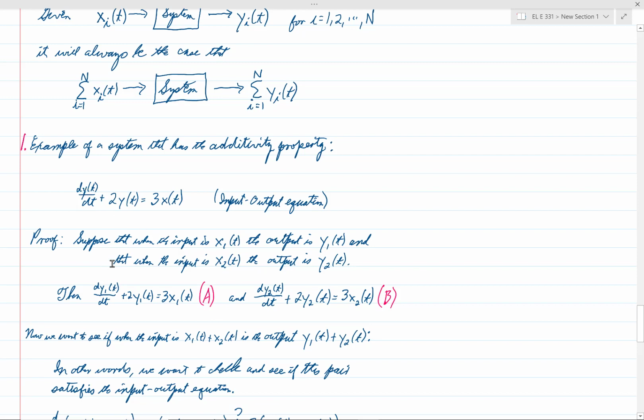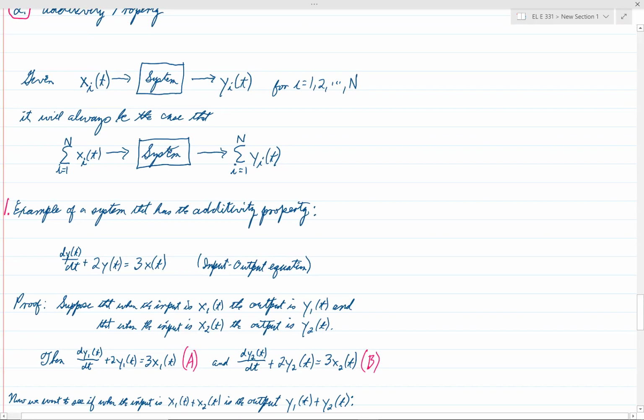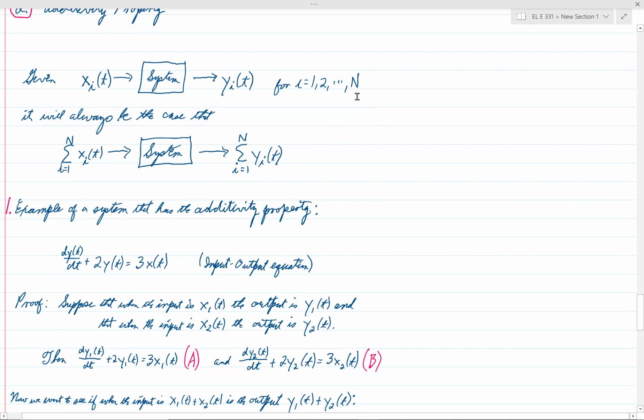The way we prove it, though, is different, of course, because we're working with a different property here. So we begin with the assumption that when the input is x1 of t, the output is y1 of t, and when the input is x2 of t, the output is y2 of t. This is just like what we have up here, but we're just going up to n equals 2. That will be enough in this case.